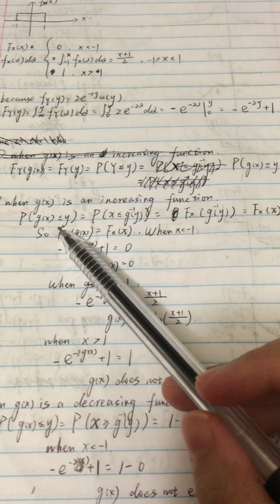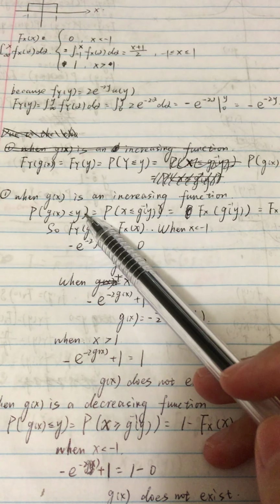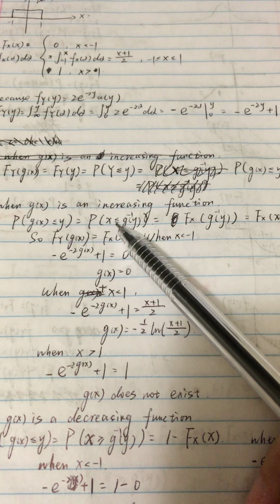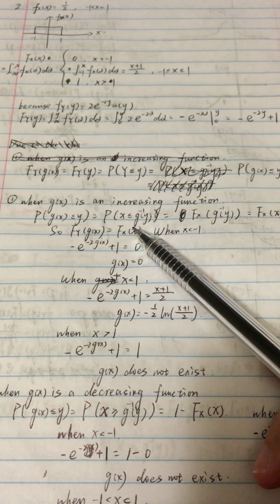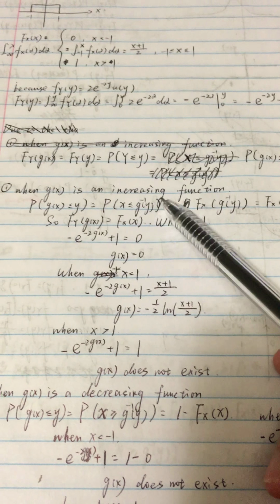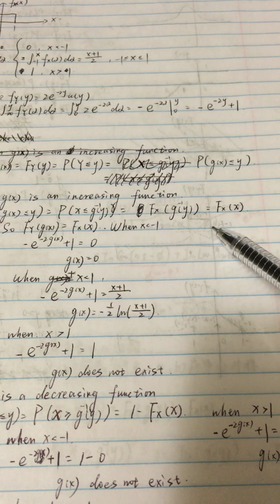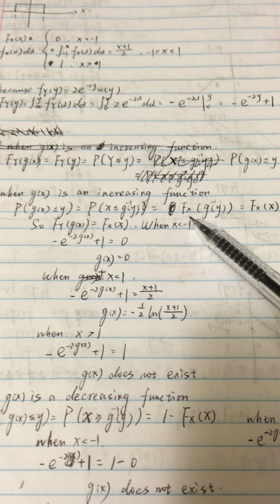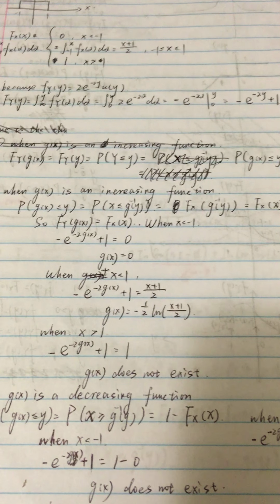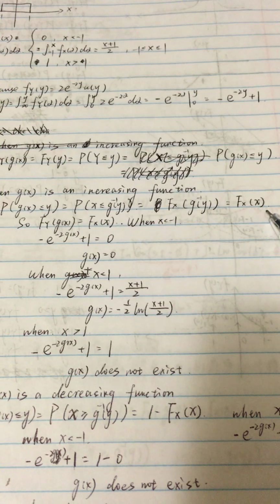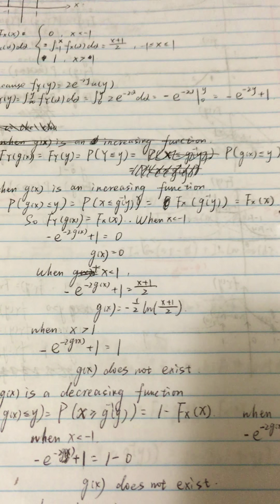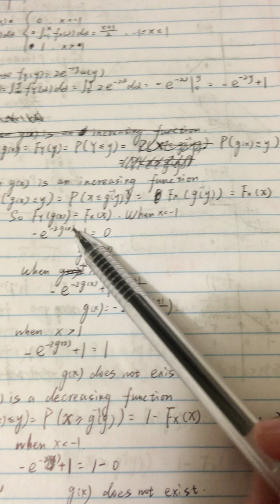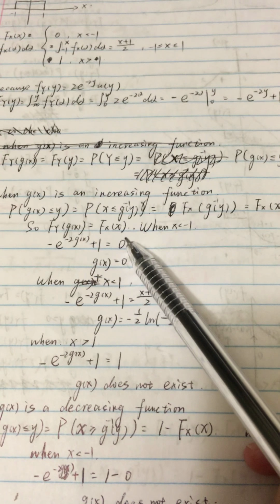When gx is an increasing function and gx is less than or equal to y, which means x is less than or equal to the inverse function of gy. And we rewrite it as Fx of the inverse function of gy, which is capital Fx. So capital Fy of gx is equal to capital Fx.